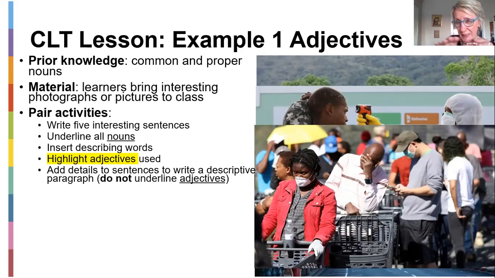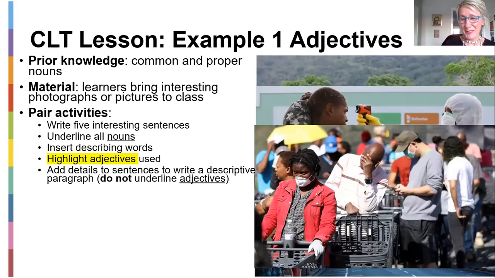And then as a group, as a pair, you're going to put some adjectives in, and then you're going to highlight the adjectives you use. It says highlight them, but if you look at the next sentence, it says add details, but do not underline the adjective. So you've worked on this, you've added more adjectives, but you haven't underlined them when you've sent it back to you.